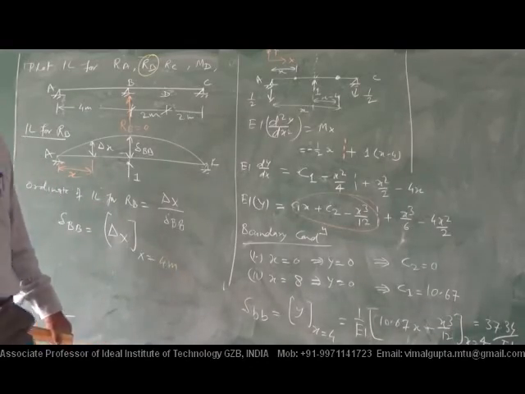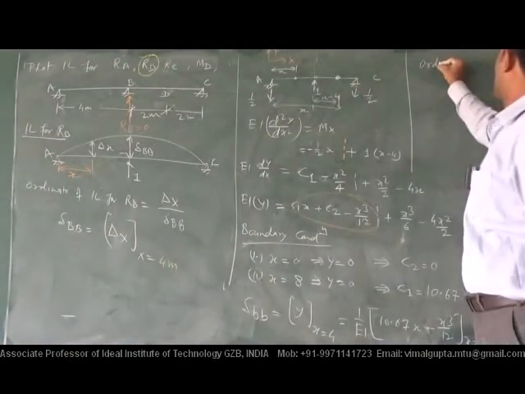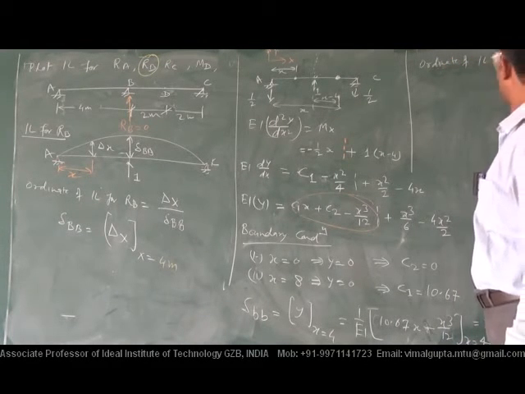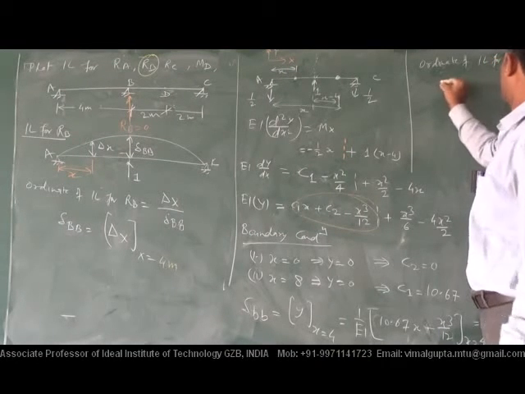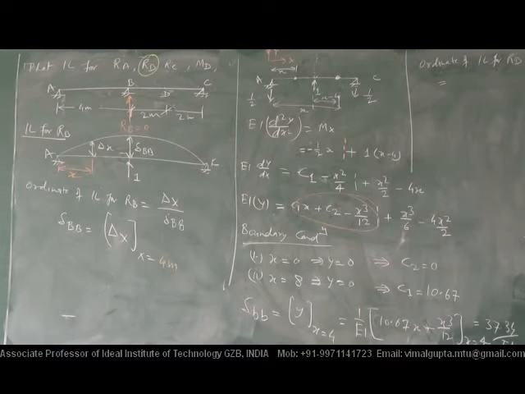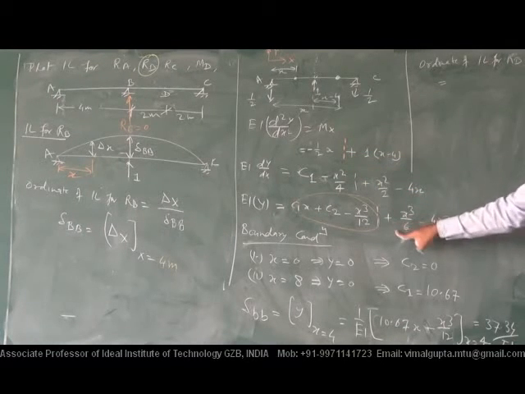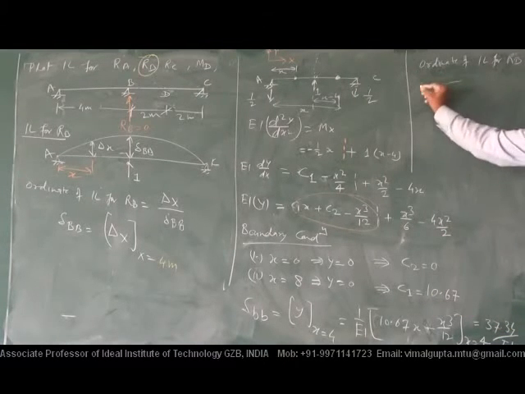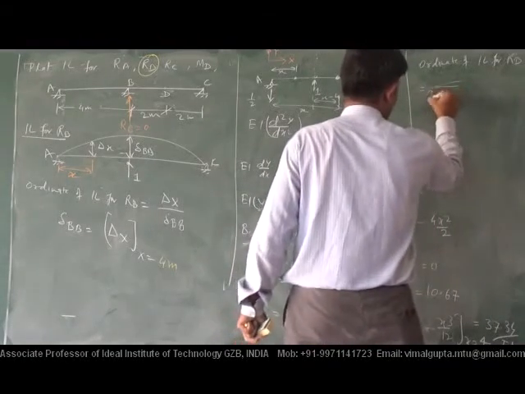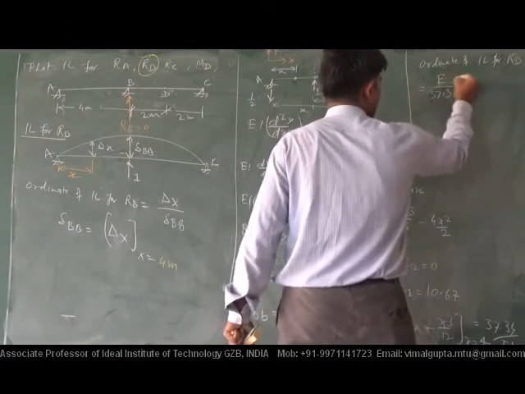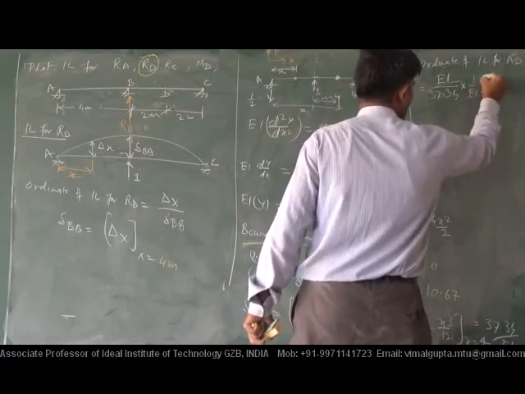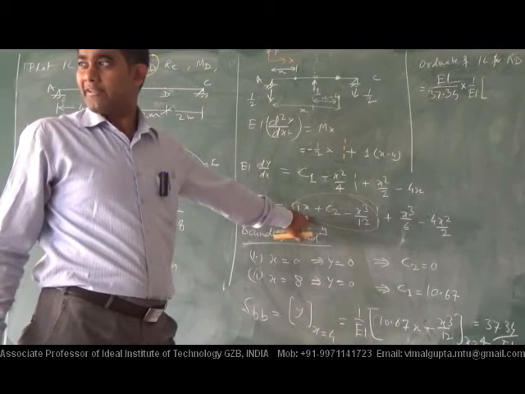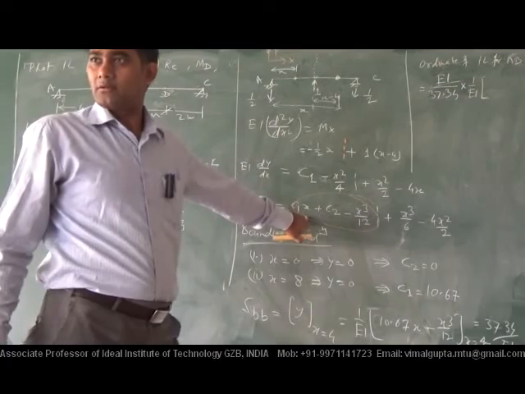Therefore, the ordinate of IL for RB is del X, this one by this. So it is 37.34 EI multiplied by 1 by EI into this complete thing. Clear?